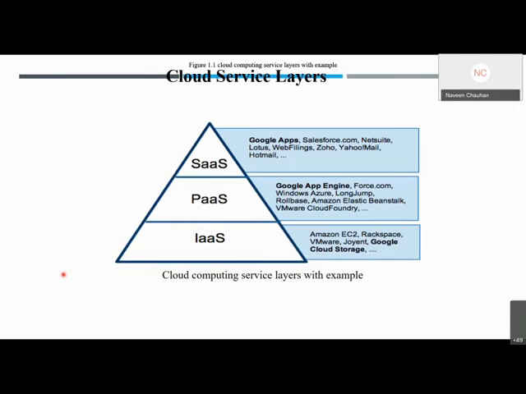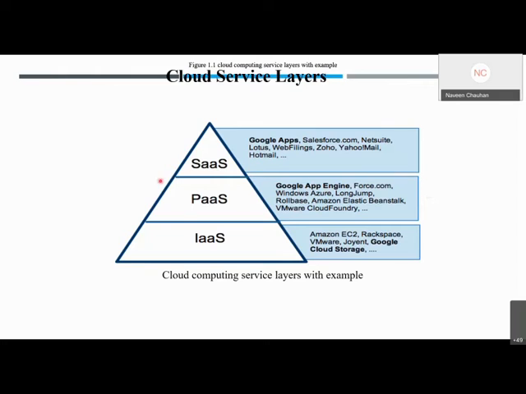So next comes your cloud service layers, where we'll be talking about software as a service, platform as a service, and infrastructure as a service. So different kinds of applications. What kind of applications are there as software as a service, like Google Apps, NetSuite, Lotus, Yahoo Mail, Hotmail? These are all software as a service. For platform as a service, we have utilities like VMware, Cloud Foundry, Google App Engine.